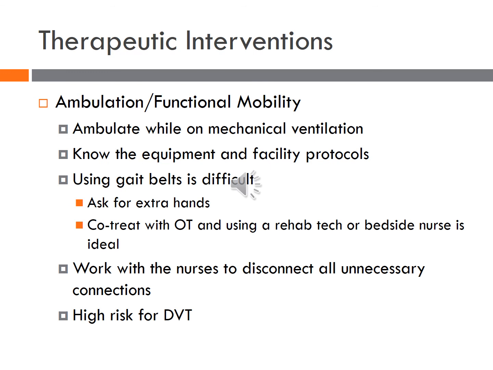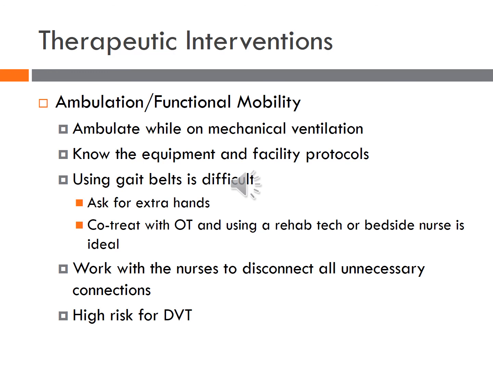Patients can ambulate while on mechanical ventilation. You just need to know the equipment and the facility protocols. Using gait belts for patients with burns is sometimes difficult, depending on tubes, lines, grafting, burn surface, that kind of thing. So just ask for extra hands.